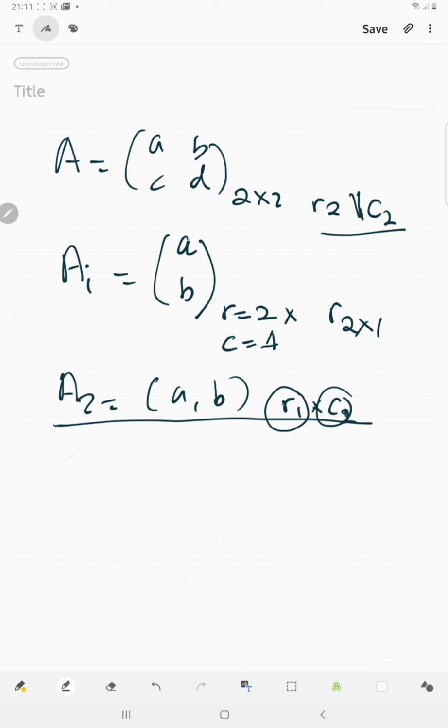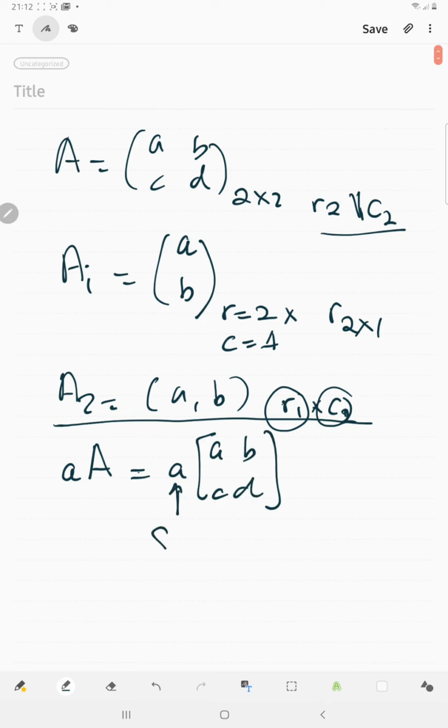And then if I have a value A outside, and this one I've got A, B, C, D, then this value is called a scalar because it multiplies each and every value in that particular matrix. A scalar is a constant.